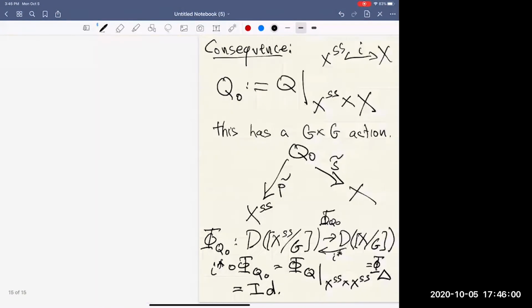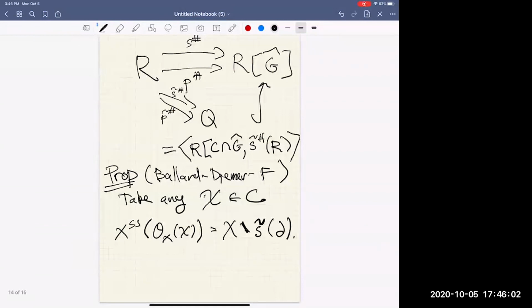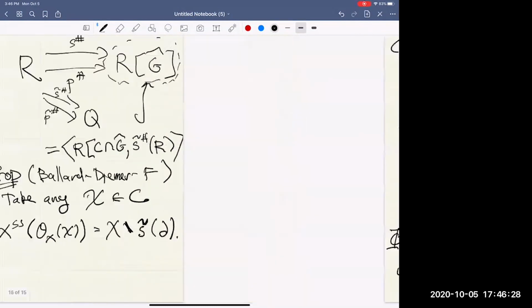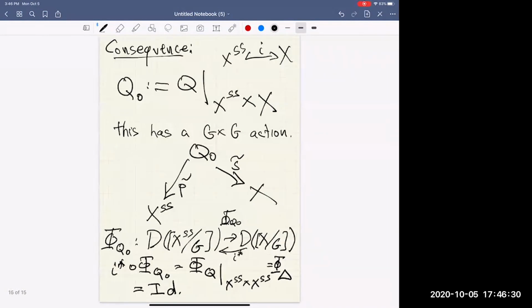If I go back, for example, in this case, when I localize away from this cone, when I invert the other elements in the negative of this cone, I'm going to see that I get this entire thing, RG hat, which is the equivariant diagonal. So if you just convolve these Fourier-Mukai functors, you'll get the equivariant diagonal.